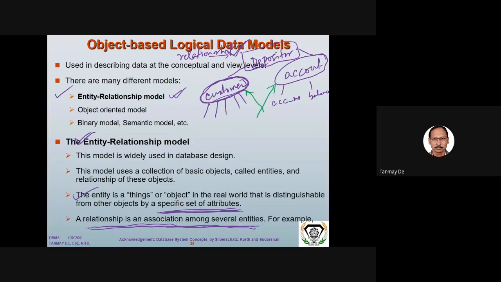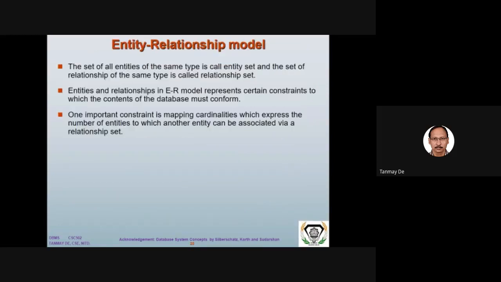This is the entity set. The details of the relationship sets and their attributes, and how different types of association are present, we can discuss when we talk about the details of the ER data model.